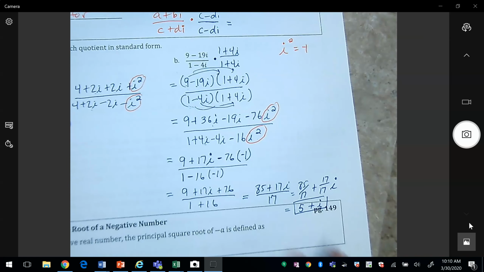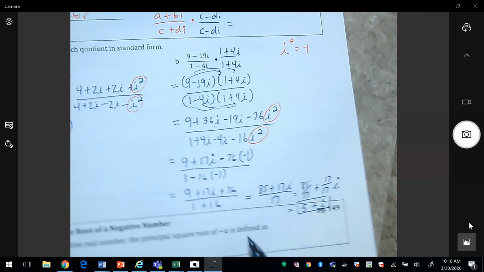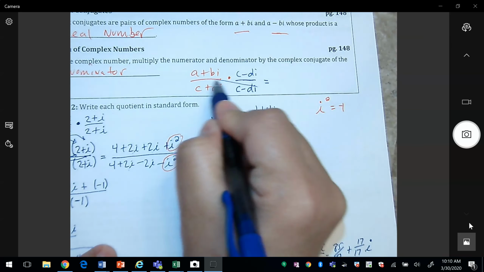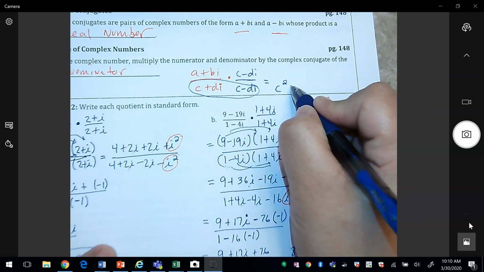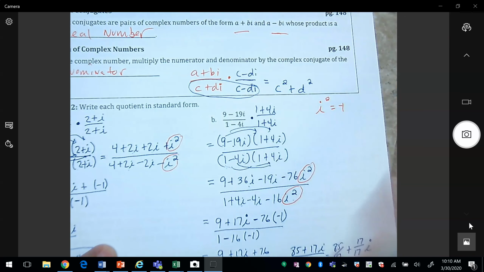A shortcut for the conjugates here: whenever you multiply conjugates, the result that we're getting is c squared plus d squared.